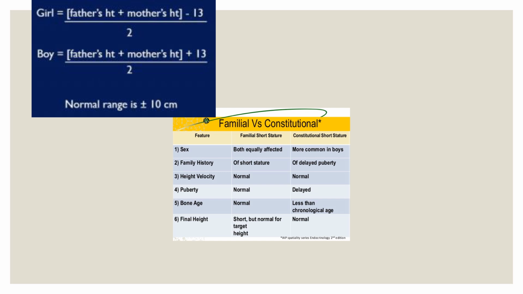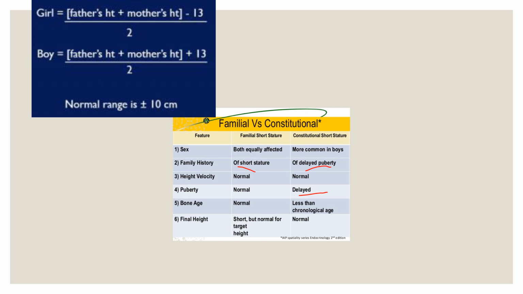This is for familial versus constitutional short stature. In familial short stature, both sexes will be equally affected, but constitutional is more common in boys. In constitutional short stature, the history will be of delayed puberty. In familial, it will be of short stature itself. The height velocity will be normal in both, but puberty will be delayed in constitutional.